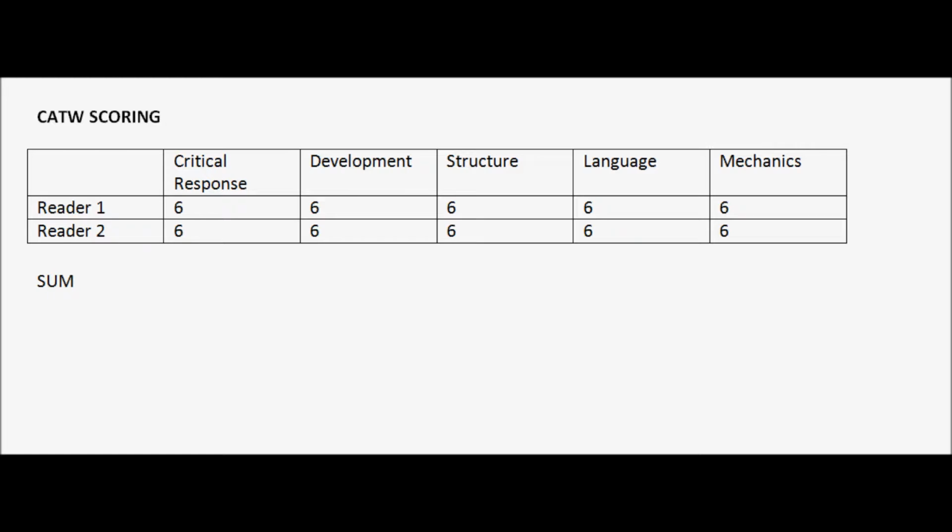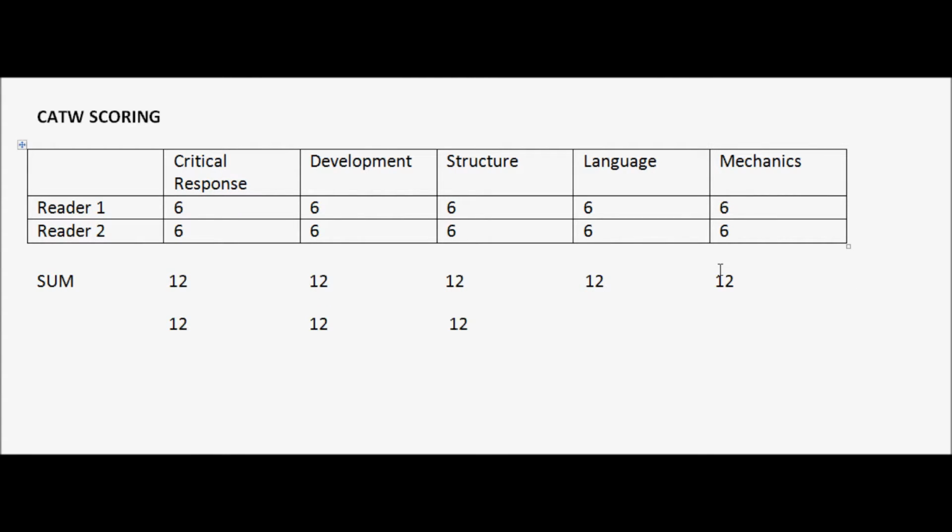Well, anyway, just like the previous example, you add up the score from the 2 readers. So just summing up each score: 6 and 6, 12, 6 and 6 is 12, 6 plus 6 is 12, 6 plus 6 is 12. And again, just like the previous example, the first 3 categories get doubled.